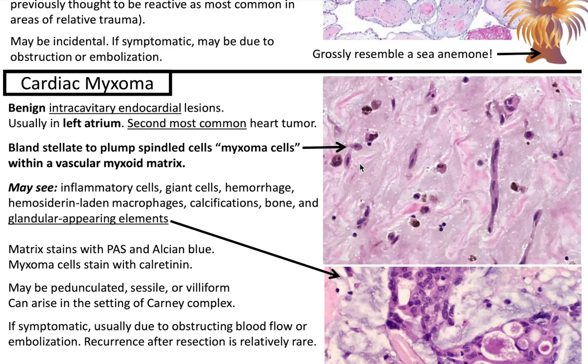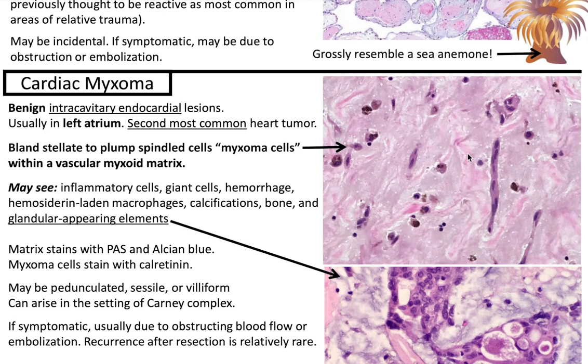Cardiac myxoma. This is the second most common heart tumor. It's a benign intracavitary endocardial lesion, usually in the left atrium. Histologically, you'll see bland, stellate to plump spindled cells, or myxoma cells, within a vascular myxoid matrix.